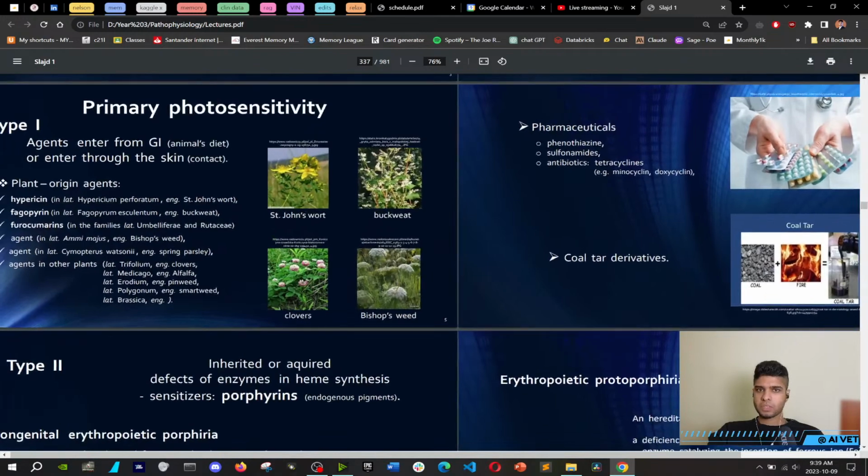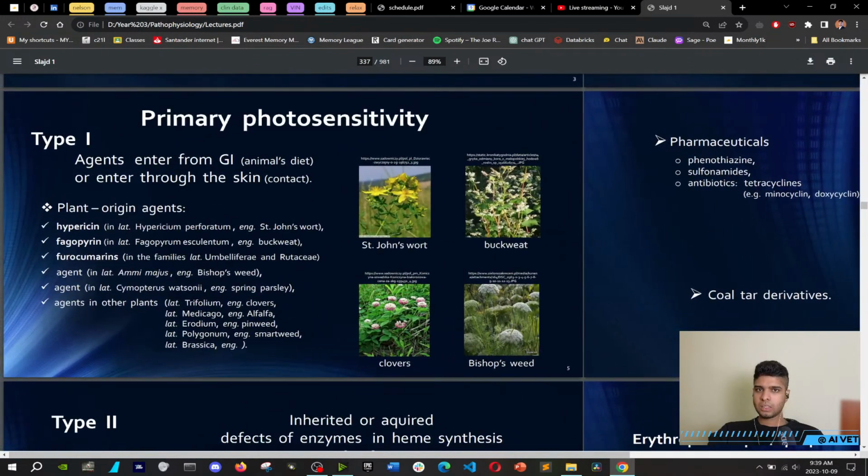Okay, primary photosensitivity. Agents that enter through the GI tract or through skin contact. Hypericin, fagopyrin, furocoumarins.